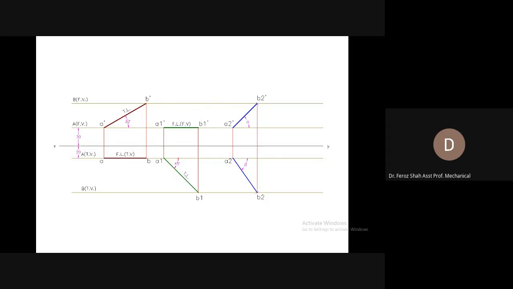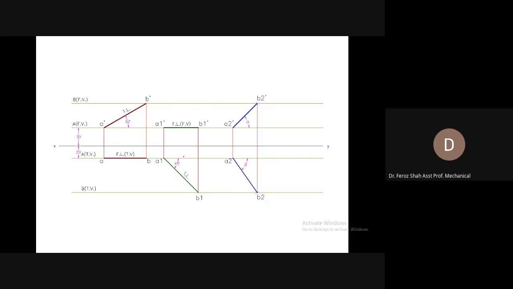Also the inclination of the top view will be greater than the angle phi that the line is making with the vertical plane, and it would be called the apparent angle beta. So you can measure. Finally, the front view would be shorter than the true length, as well as the top view, because the line is inclined to both the planes.